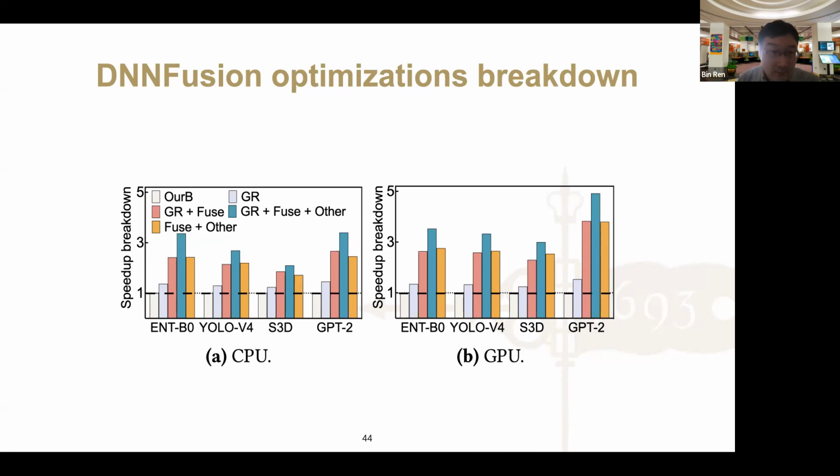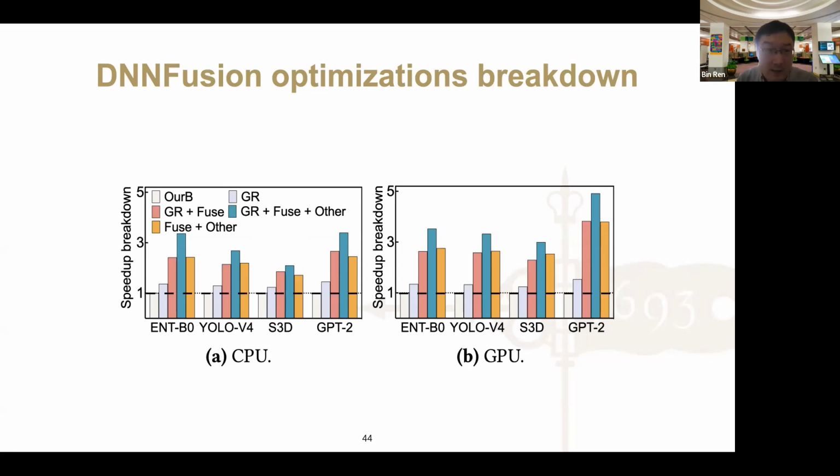And we normalize the performance by the RB version, and the second bar shows performance with the graph rewriting, and the third bar shows the performance with both the graph rewriting and the fusion. And the next bar shows with the graph rewriting, fusion, and other techniques like the tuning and other optimizations.